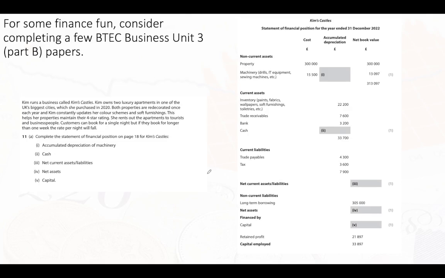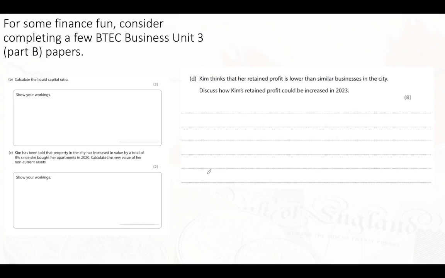Then it goes on, same case study, but the thing with the BTEC is it builds up to a big essay at the end of the paper. So I definitely recommend those of you that want to be more confident with finance, have a go at these BTEC Part B papers, or Unit 3 Part B, sorry.